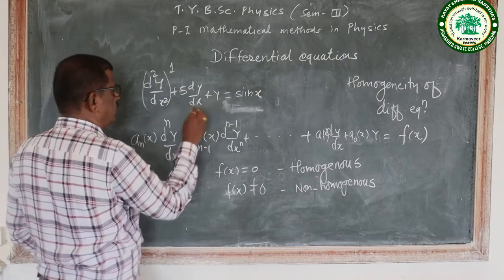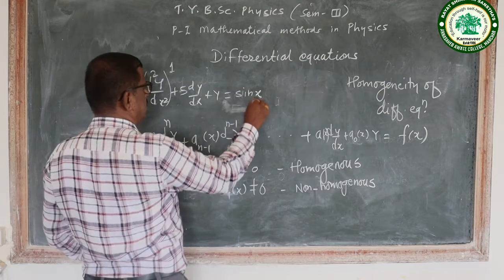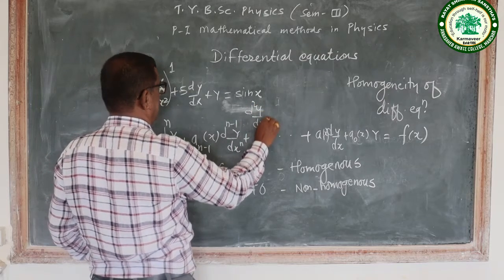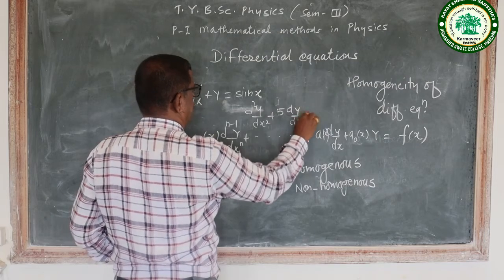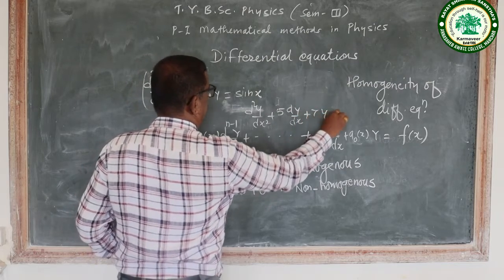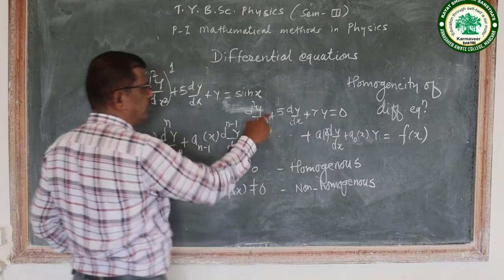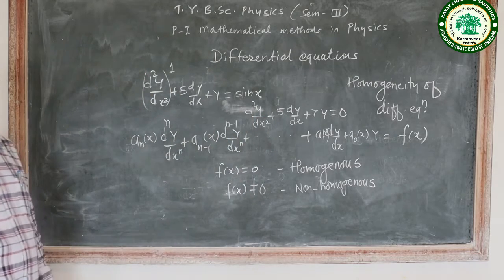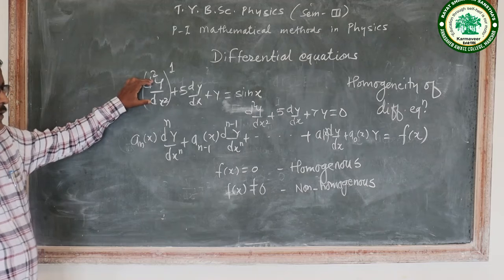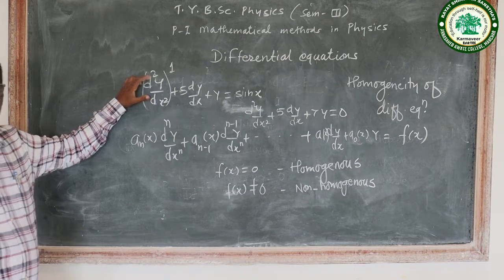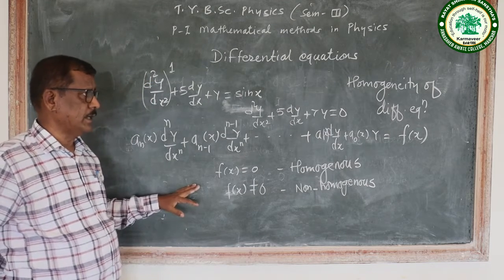If the RHS is equal to 0, suppose this is the equation d2y by dx square plus 5 dy by dx plus 7y equal to 0, then we call this equation a homogeneous differential equation, and the other equation is called a non-homogeneous differential equation.